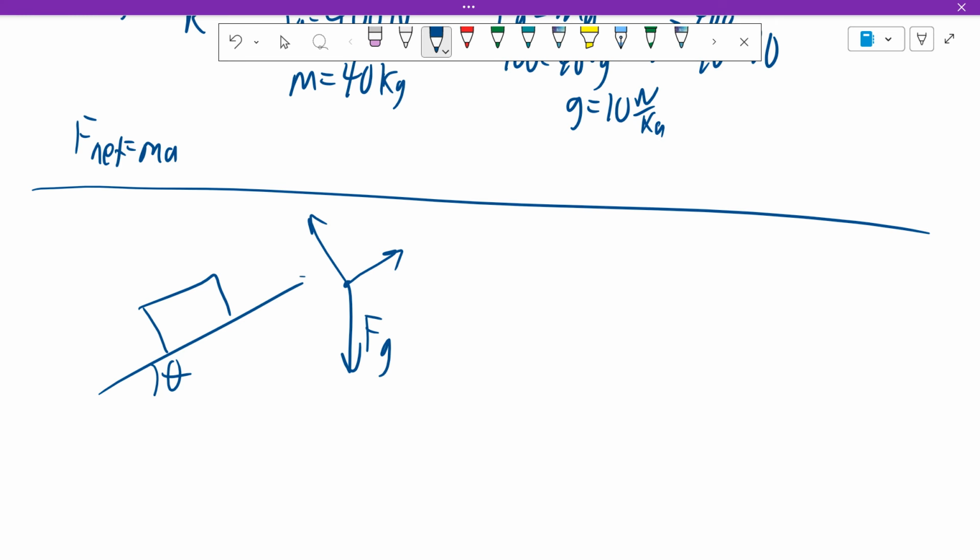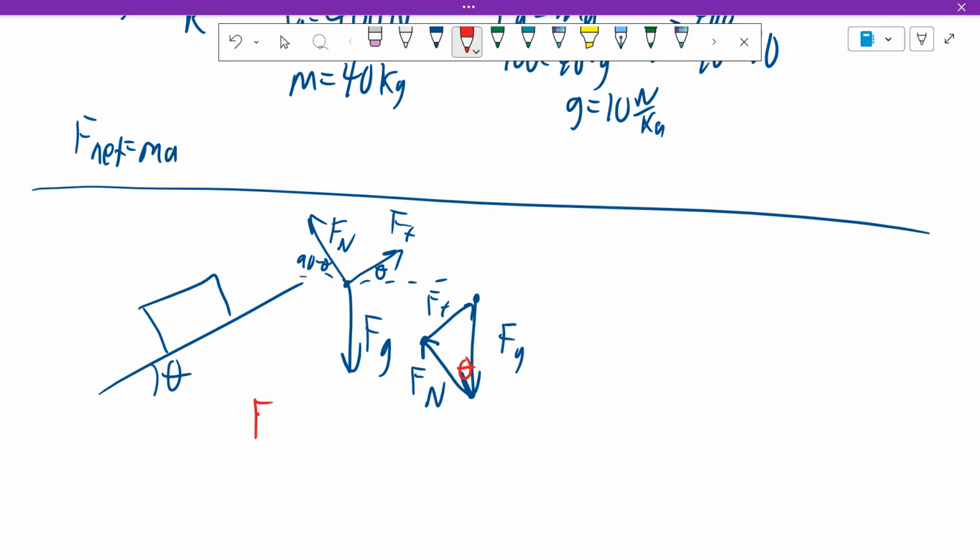If there was a horizontal line here, this would be theta, this angle would be 90 minus theta, this is your Fn, this is your force of friction, and you end up making a triangle that's always something along these lines. This is Fg, this is Fn, this is Ff. This angle here is always theta, and what you always end up getting is Fn equals Fg cosine of theta. Now, this is the scenario where we're somehow balanced.